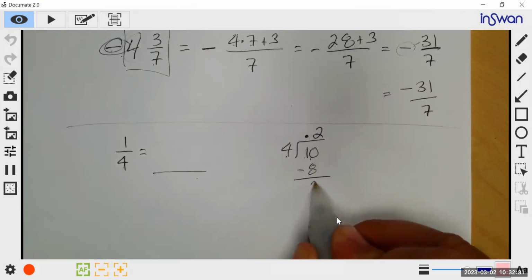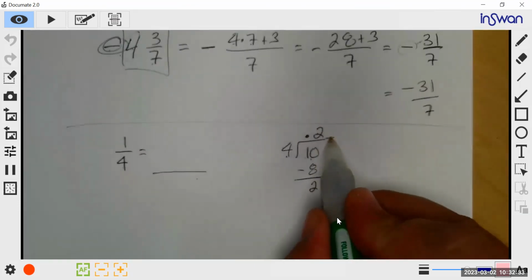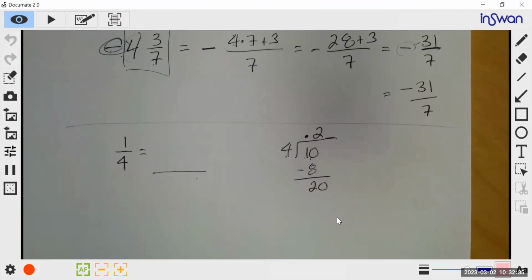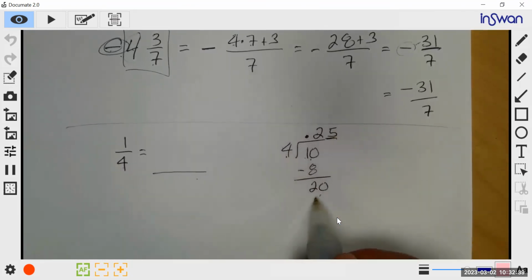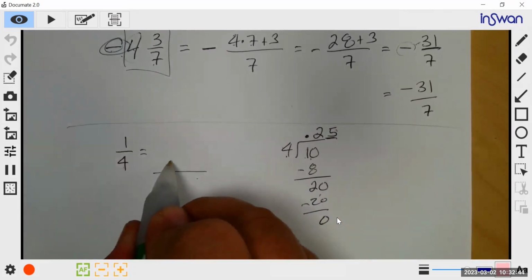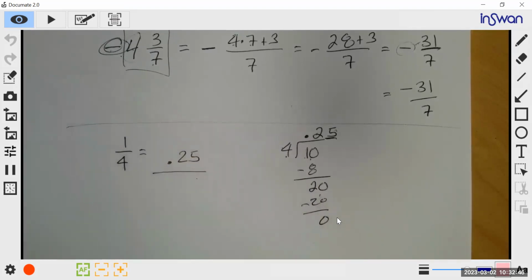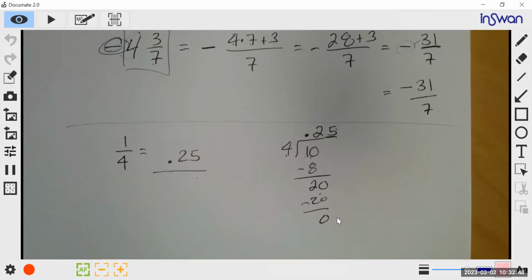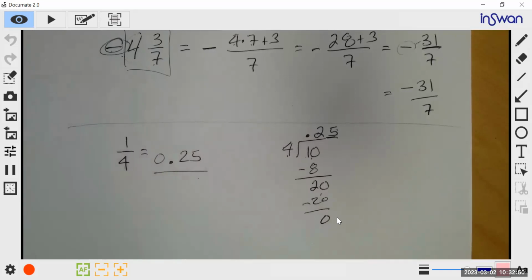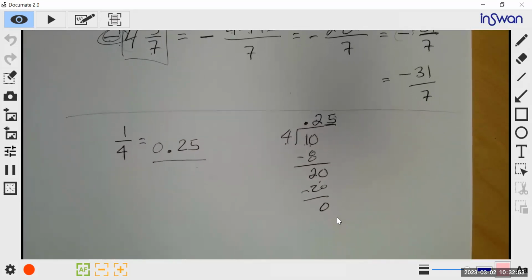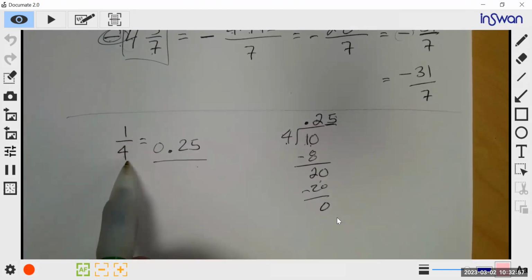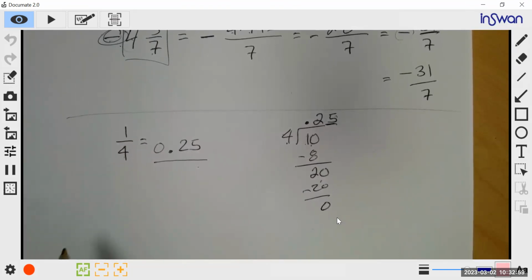Subtract those, you get 2. Since we're going to the next number, we put a 0 there. How many times does 4 go into 20? 5 times 4 is 20. So the answer is 0.25. If you think about it, if you take $1 and divide it by 4, what do you get? A quarter, which is 25 cents.